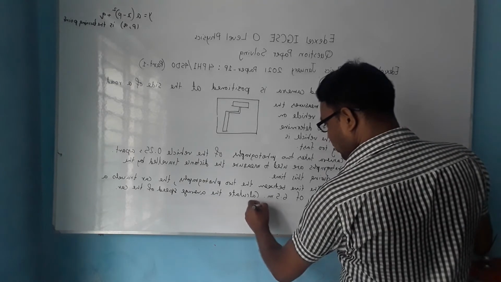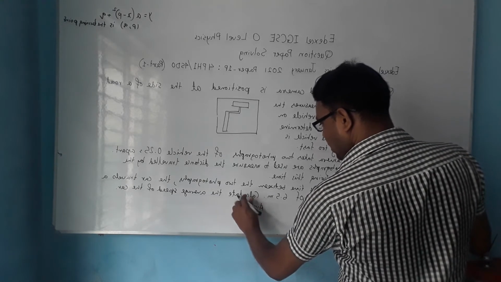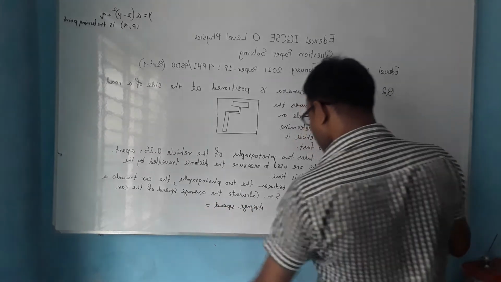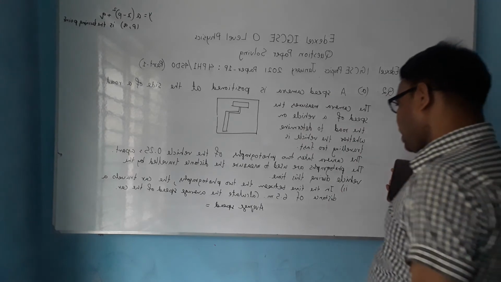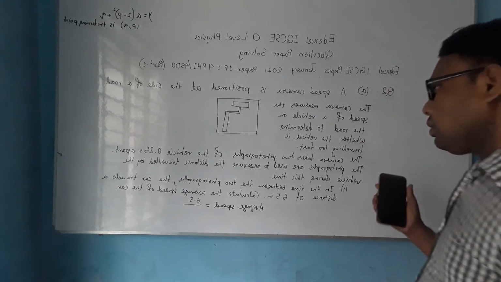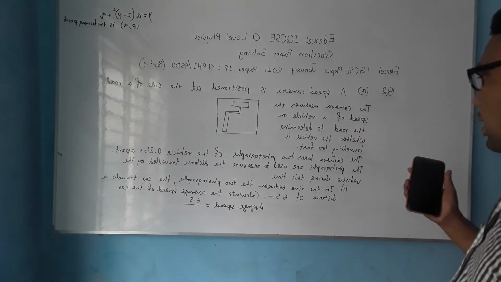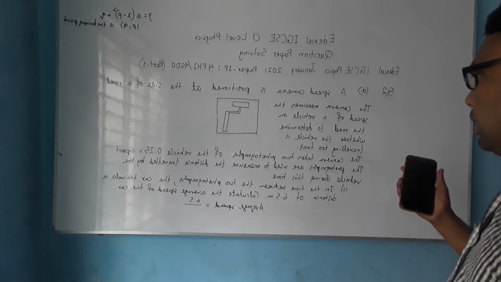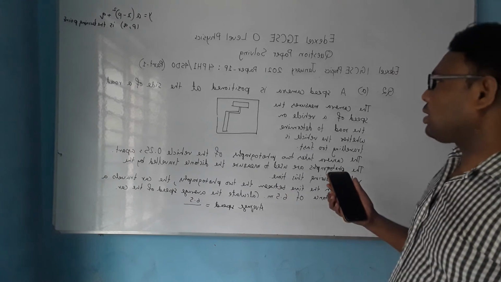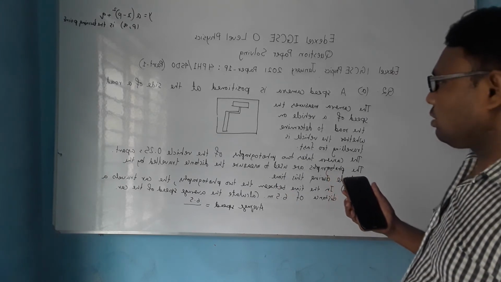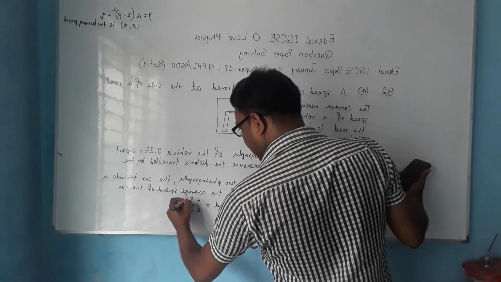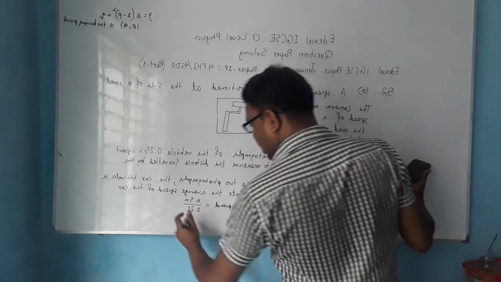Average speed is equal to distance over time. The distance is given, that is 6.5 meters, the distance between two photographs.